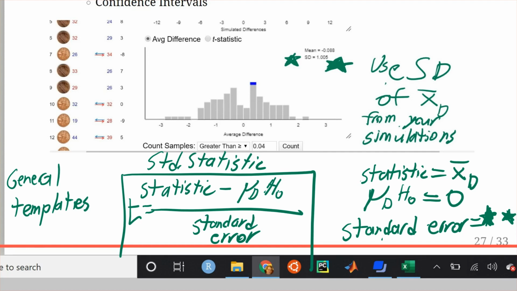After these 1,000 simulations that I ran when I made this image, my standard error was 1.005. Remember, the definition of standard error is the standard deviation of your sample statistics. This graph shows all of the sample statistics. Their standard deviation is the standard error.